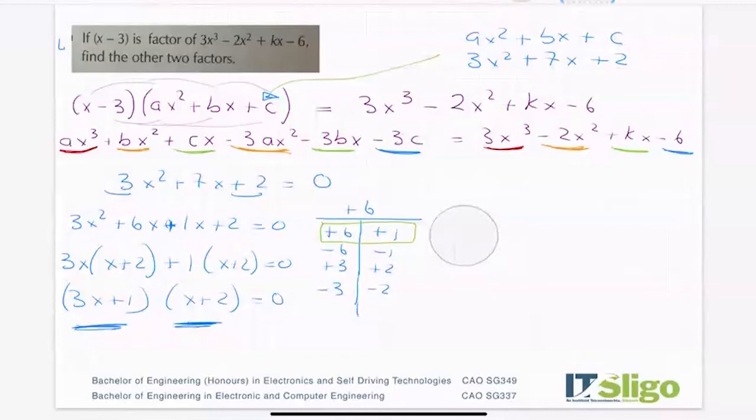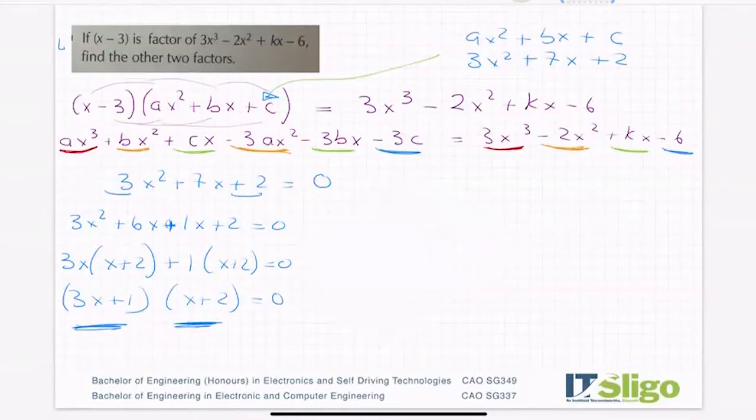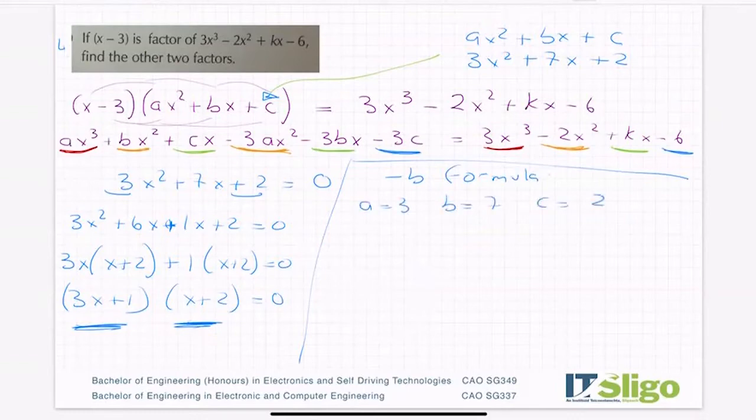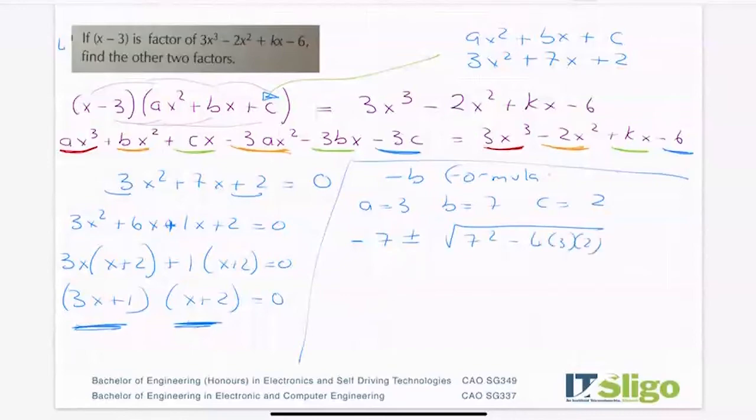Now, if you can't do what I just did there, and you needed to use the minus b formula, you would have a being equal to 3, b is equal to 7, c being equal to 2. And you'd have minus b plus or minus the square root of b squared minus 4ac all over 2a. By the time you are doing your Leaving Cert, you will be as fast with this.